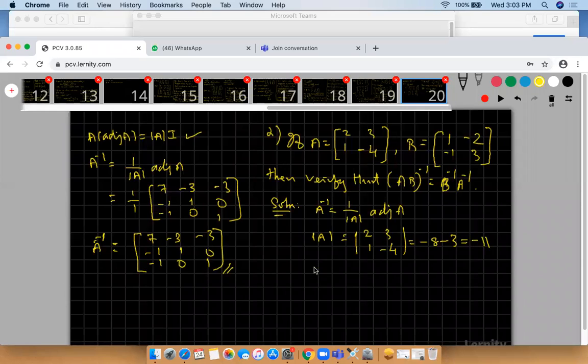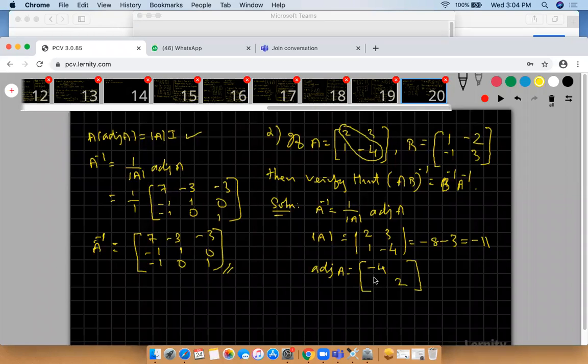Okay, right. What is adjoint of A? I have already told that your adjoint of A is nothing but interchanging these two elements. Shortcut: interchanging these two elements, minus 4, 2. I am writing adjoint of A directly. In exam also you can write like this. This is allowed. For 2 cross 2 you directly find out.